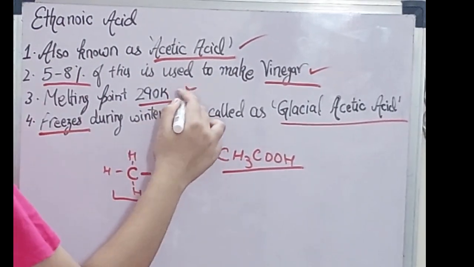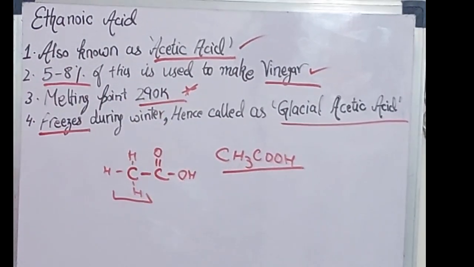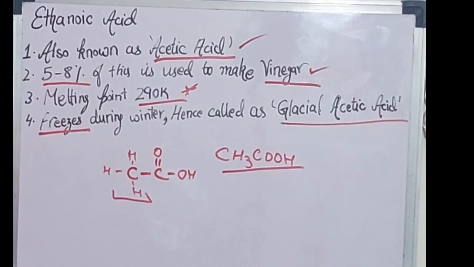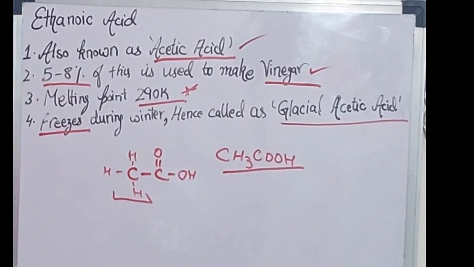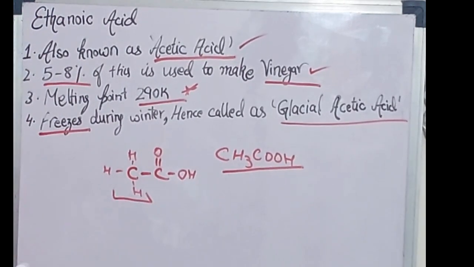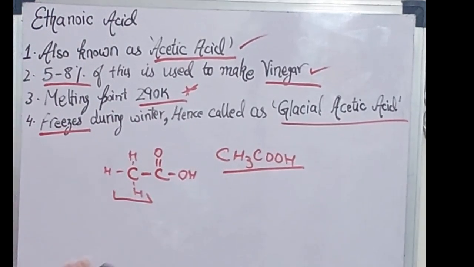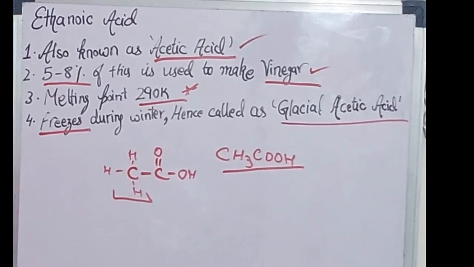This is something you should know. It can come as an MCQ, the melting point of ethanoic acid. Although it's very deep, we have to prepare for everything. If not boards, it can come in pre-boards. And this is a special property of ethanoic acid, a big differentiation from ethanol, a very important point as well.